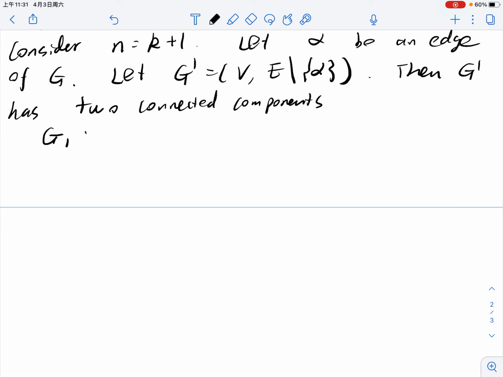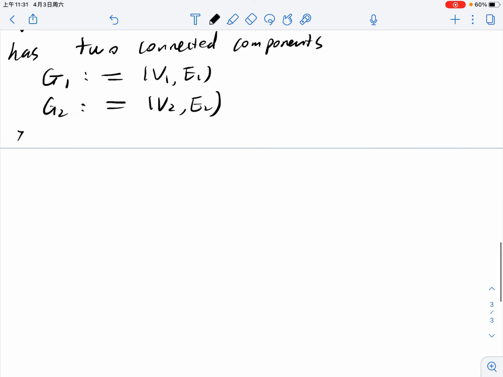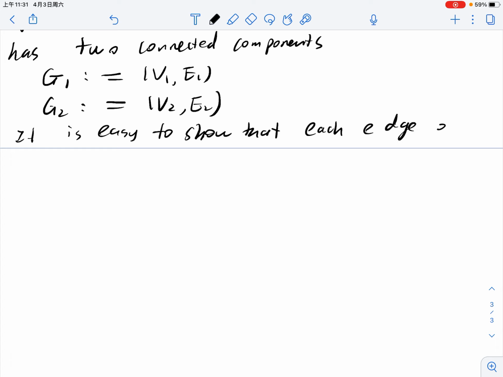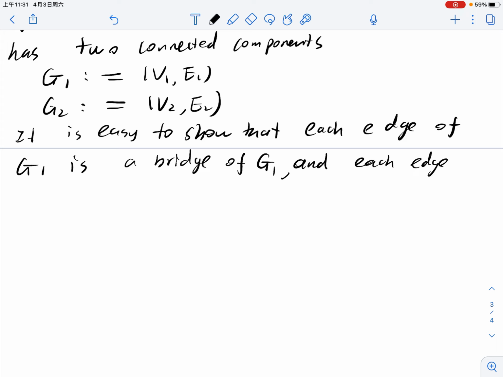So G1, V1, E1, G2, V2, E2, and it is easy to show that, actually, this is a crucial thing, but you need to verify it, although it's very easy: each edge of G1 is a bridge of G1, and each edge of G2 is a bridge of G2.